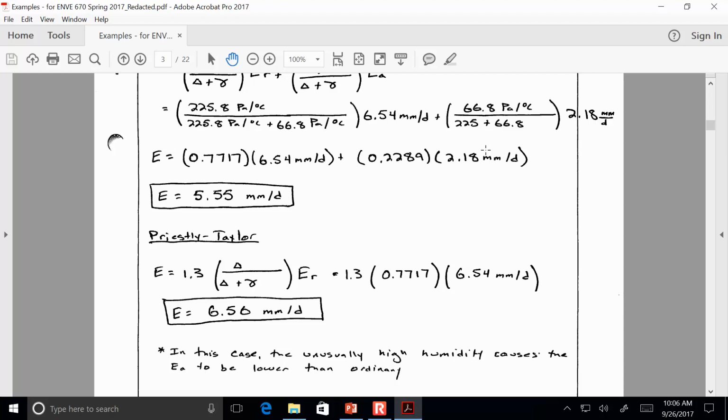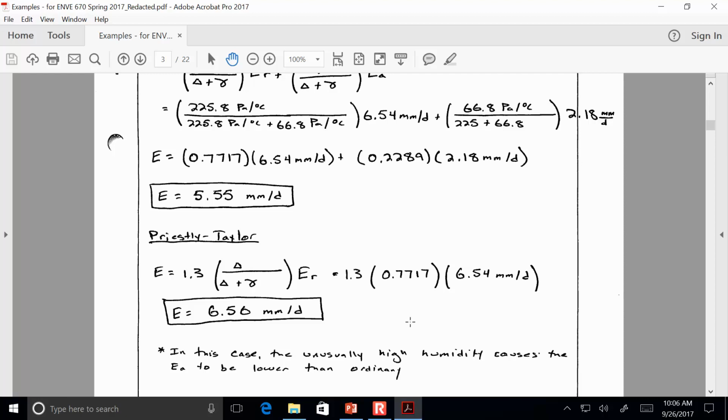And so the Priestley-Taylor method here is going to be predicting quite a bit more evaporation than the combined method did, because the Priestley-Taylor isn't accounting for the relative humidity. You know, it's just using the average atmospheric conditions. In this particular example, we had a relatively high 75% humidity, and that's what brought our combined method average down to 5.55 compared to this Priestley-Taylor estimate.